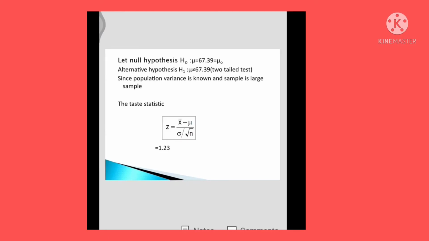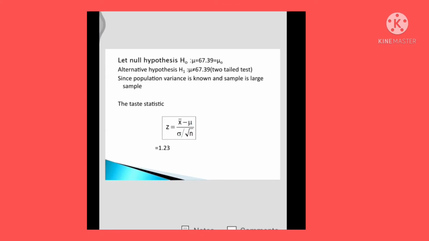It means the sample mean of 67.47 is equal to 67.39, the population mean. Alternative hypothesis H1: mu is not equal to 67.39, and it is a two-tailed test.